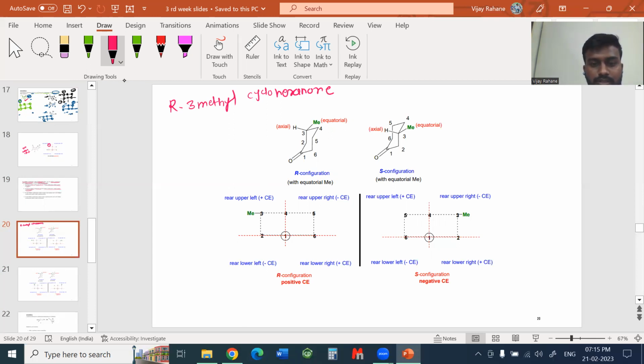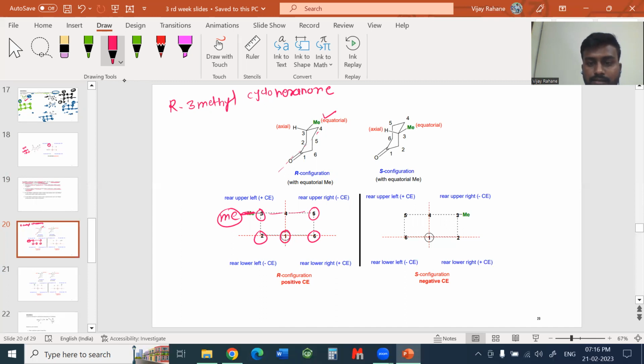So we have drawn a structure, and if you see from this side, the two, 2 and 3, both are on the left side, and 6 and 5 on the right side. And here we can see this methyl is at equatorial position. So this methyl we have drawn on the equatorial position, right? And the remaining are the same.